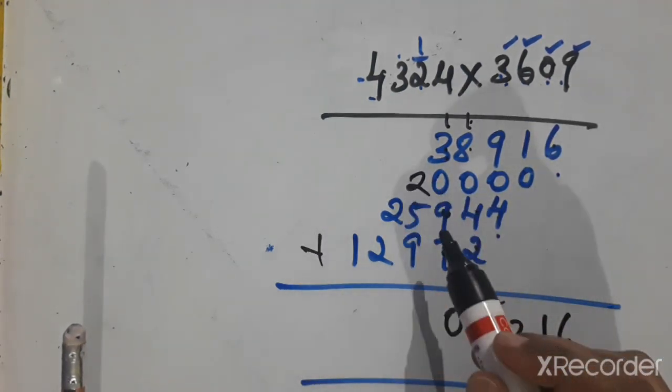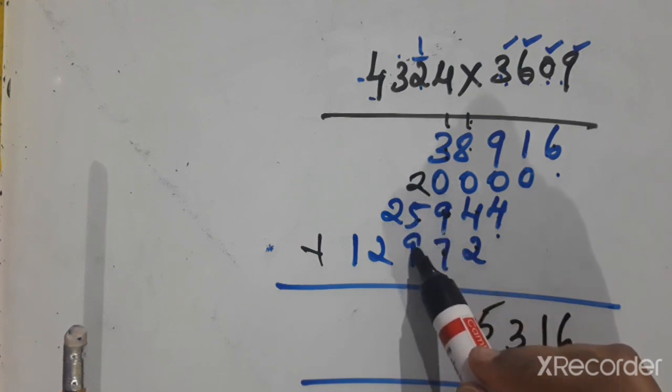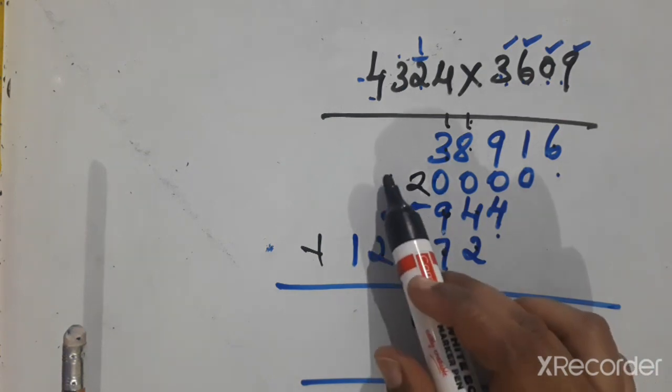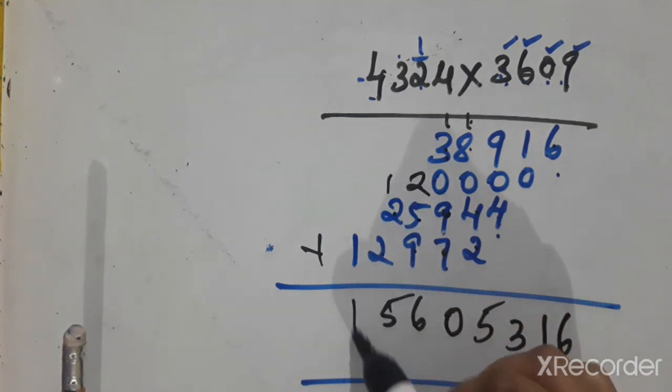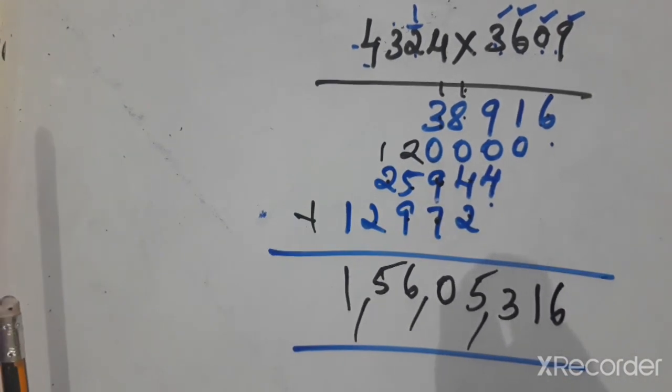We have to add here, children. And 2 plus 5 is 6, 7, 7 plus 9 is 16, 6 here, 1 carry out to next place. 2 plus 2 is 4 plus 1 is 5, and 1. So answer is 1 crore 56 lakh 316.